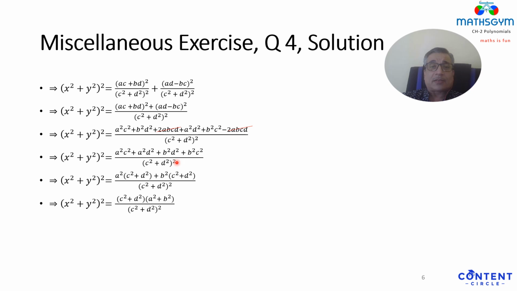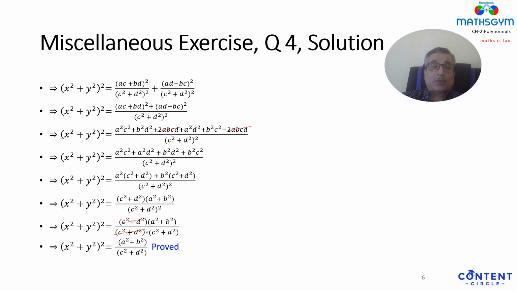In the second two expressions, we take b square common and get c square plus d square. This means c square plus d square times a square plus b square upon c square plus d square whole square. The denominator can be written as c square plus d square into c square plus d square, so you can cancel out c square plus d square, and what are you left with? x square plus y square whole square is equal to a square plus b square upon c square plus d square. And that's what you had to prove.